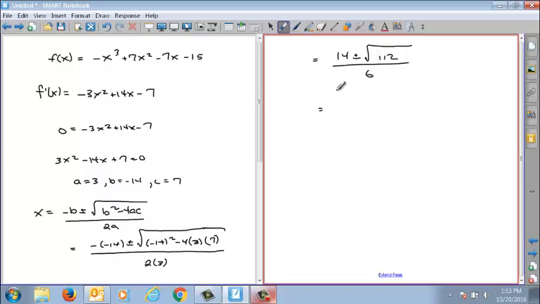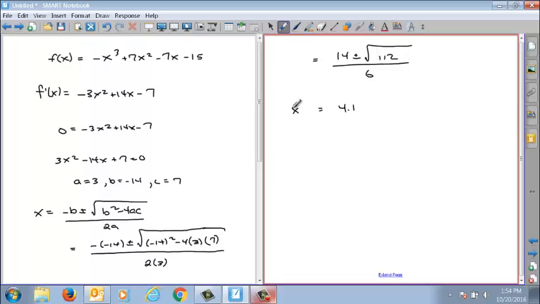And if we do both the plus and minus square roots, we'll get 4.1.